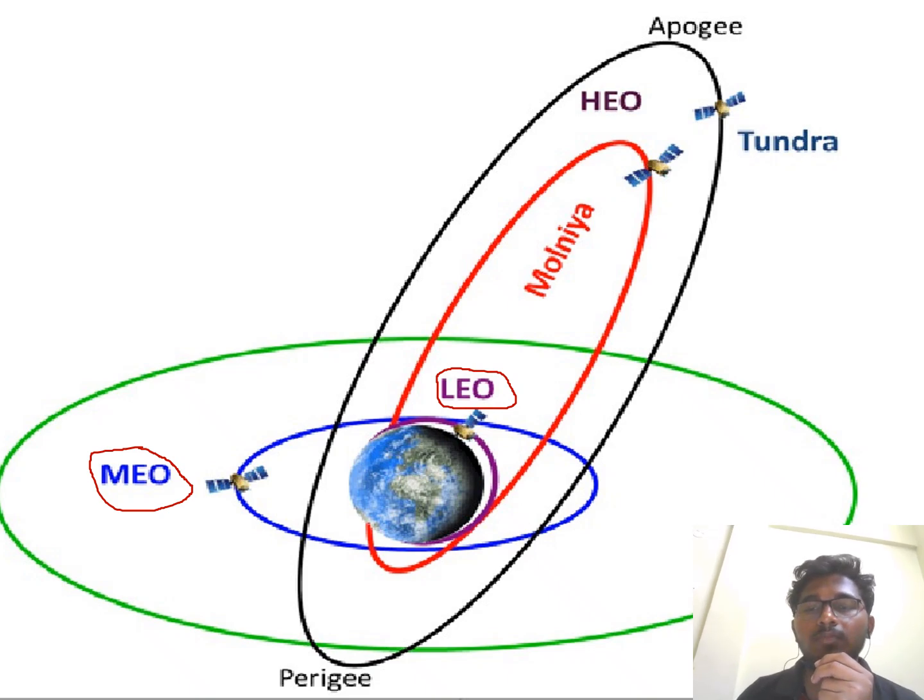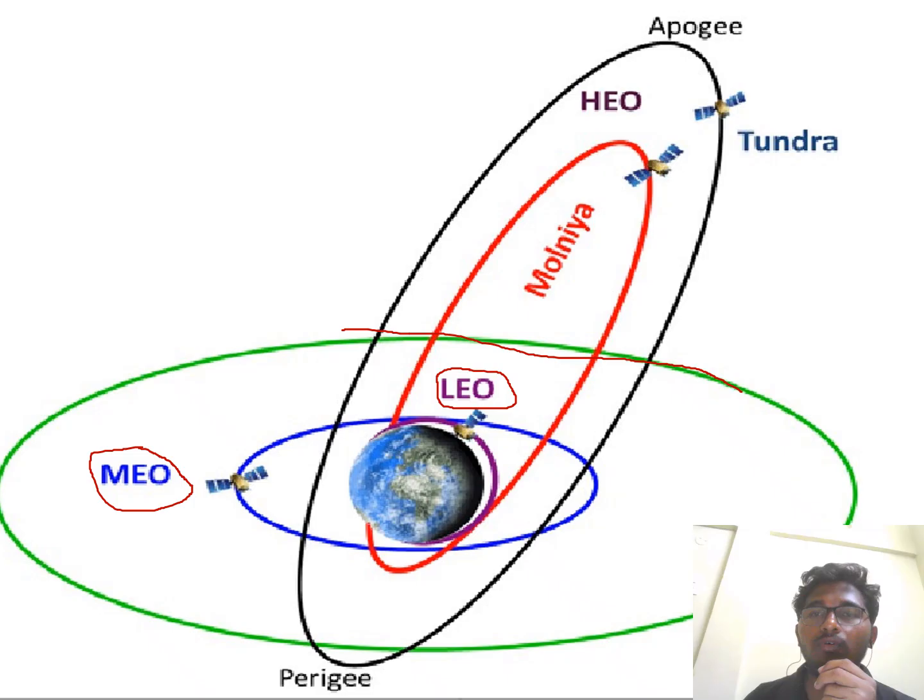And this green path is our GEO. It is the largest orbit which is currently available in space. And we have apogee and HEO. These are the different types of orbits.